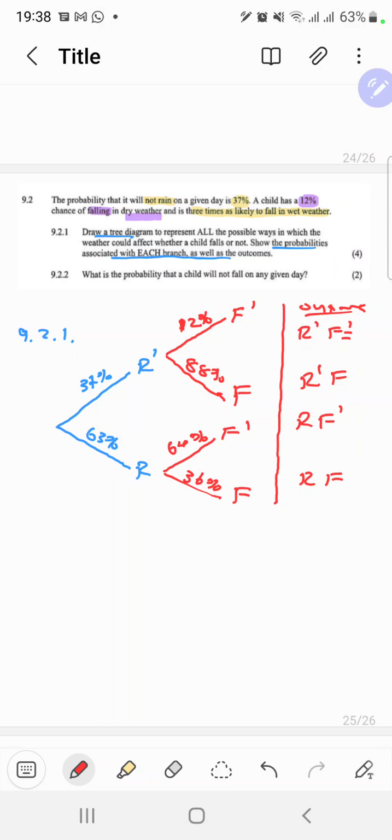Let me try here and say 37% times 12%. What do I get? Yeah, I get a very strange number here. It becomes 0.0444. I think you can leave it, but let's just write it in case they want it.